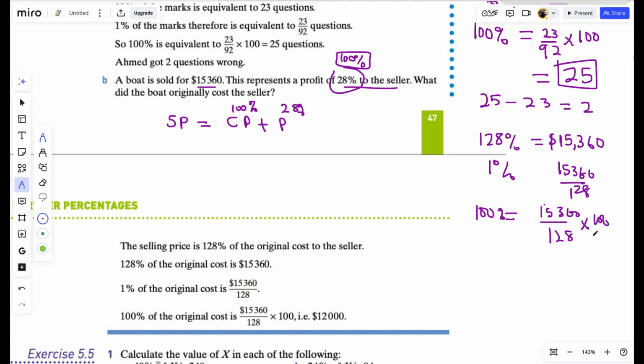So that will lead us to what? 12,000? So this will give us the cost price of the car, or of whatever they were selling, a boat, which was $12,000.